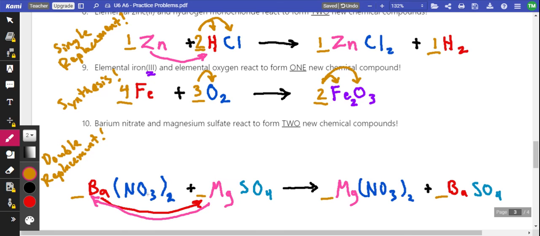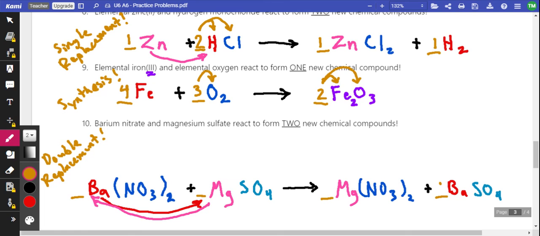I have two NO3s on the left side. I have two NO3s on the right side. So hey, that's good too. So that's fine. I don't have to touch those. There's one Mg on the left side, one Mg on the right side. Okay, that's good. That's fine. And then one SO4 on the left side and one SO4 on the right side. That's also fine. So I don't have to fix anything.